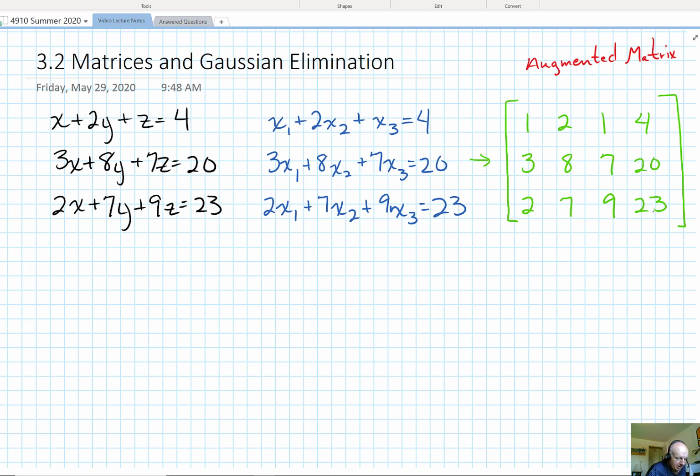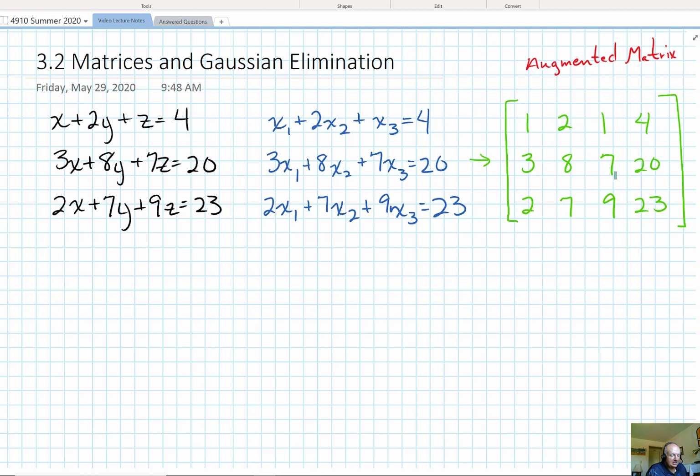Once we start talking about matrices, we have a handful of terms that we need to make sure we understand. Each of the numbers in the matrix is an entry, right? So each of those are entries. We talk about the size of the matrix. Sometimes we even talk about the shape of the matrix. This particular one is a rectangular matrix.